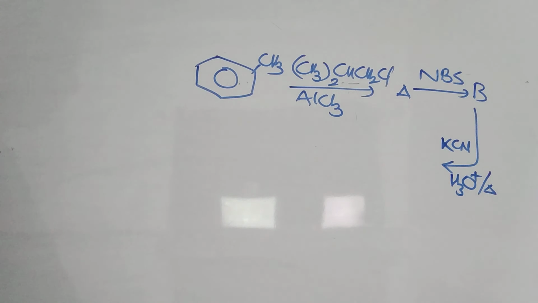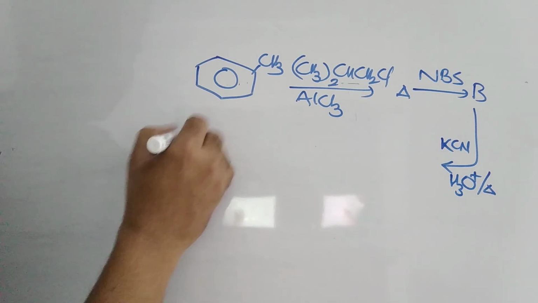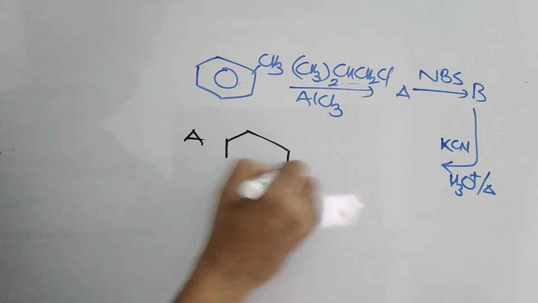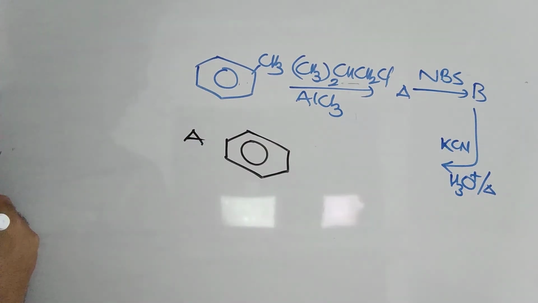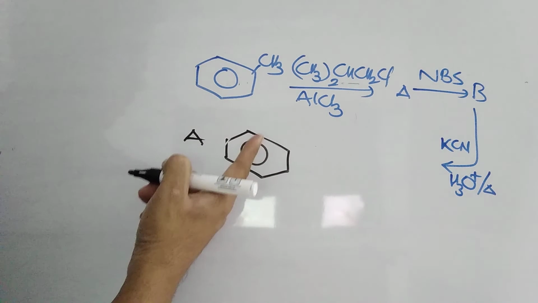First toluene. On the toluene, in simple sense, I wanted to go for alkylation, Friedel-Crafts alkylation. Yes, exactly. So first step we did just now. Okay, now it is benzene.